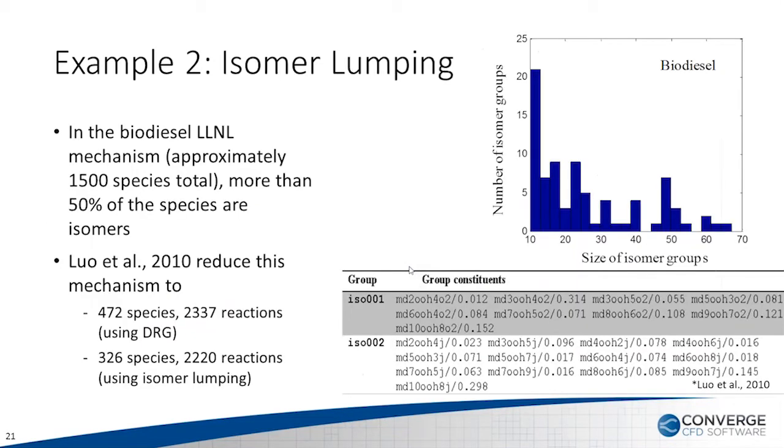In terms of flame speed, they all do a pretty good job. There's no significant difference between the reduced mechanisms and the Lawrence-Livermore original mechanism.